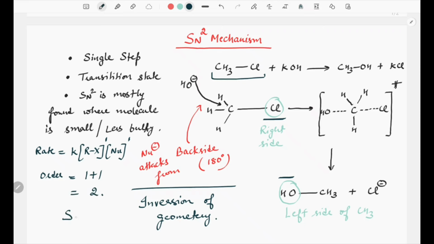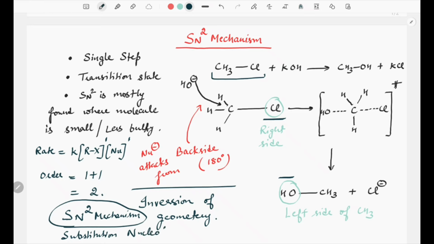Therefore, we term it as the SN2 mechanism. S stands for substitution, N stands for nucleophilic, and 2 stands for bimolecular. That is, the order of the reaction is 2.